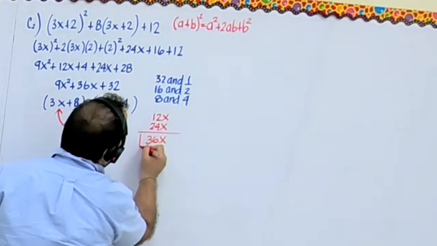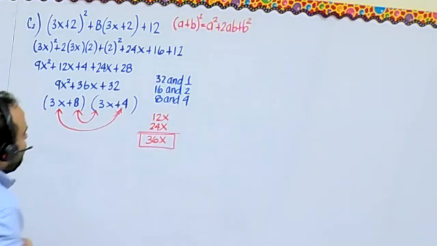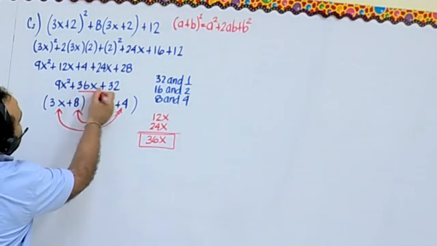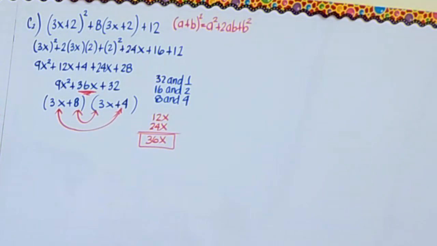Oh, what a nice surprise. We need to check the answer. The answer is supposed to give us the middle term that we discarded at the beginning of the equation. And what does that mean? That means we did an excellent process.